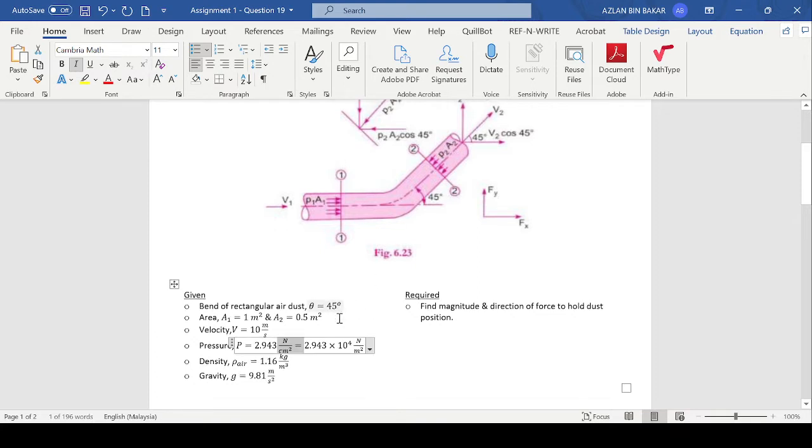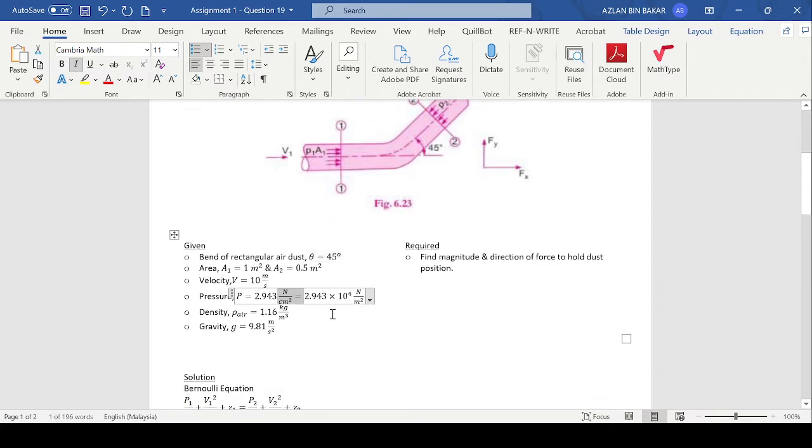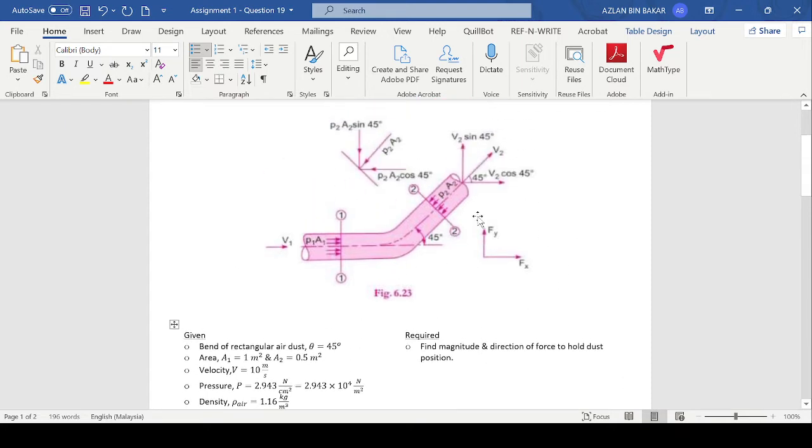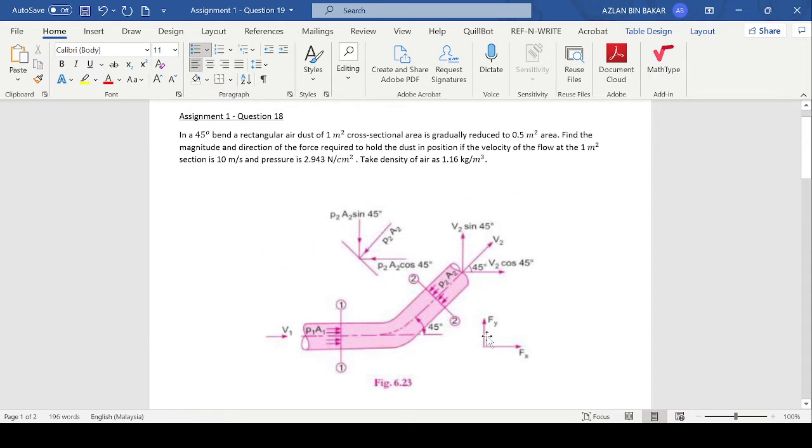We know the gravity is 9.81 meter per second square. After we make the given, we also write what is required, which is to find the magnitude and direction of the force to hold down the duct position. Basically this question asks for the force inside this bending tube.